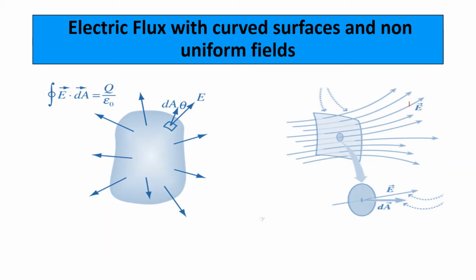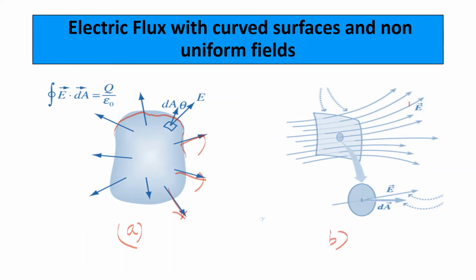If the surface is curved or if the electric field is not uniform, then how will you find the electric flux? In such cases, you will consider a small element from that surface. For example, in diagram A, the surface is curved, as you can see, and the electric lines of force are not uniform.